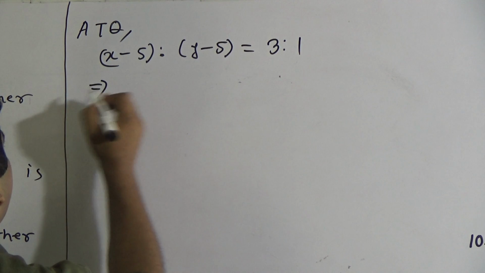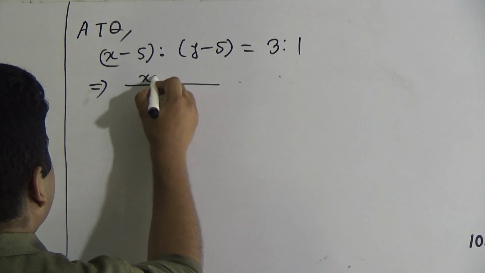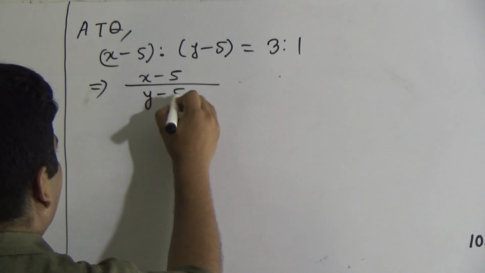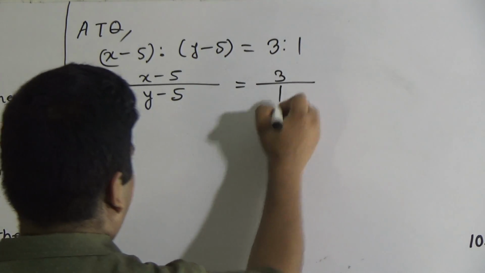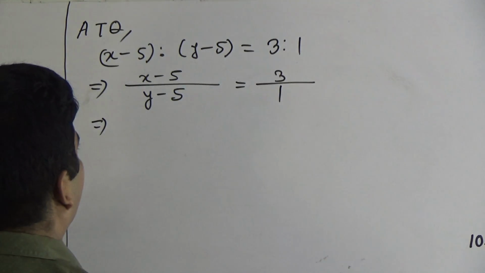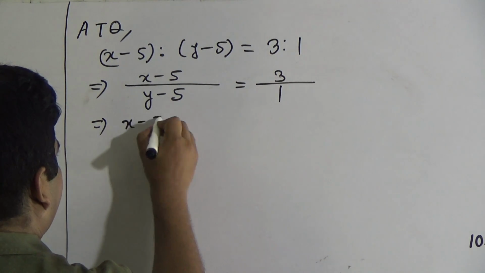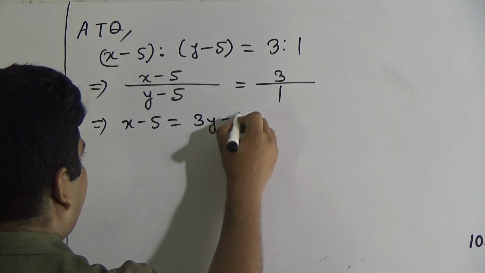We know is to means division, that means x minus 5 divided by y minus 5 equals 3/1. Now we do cross multiplication.